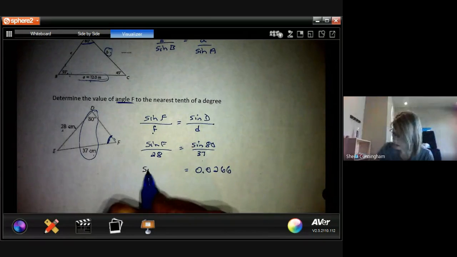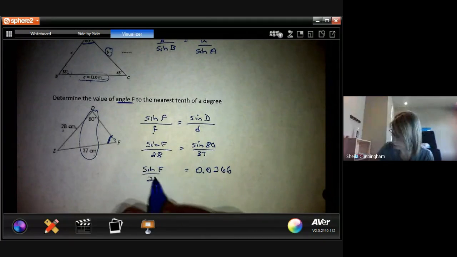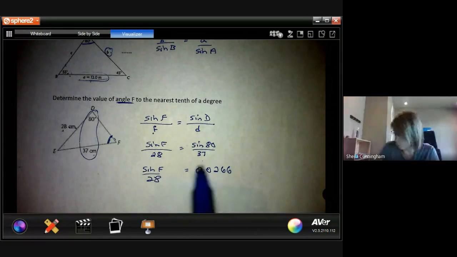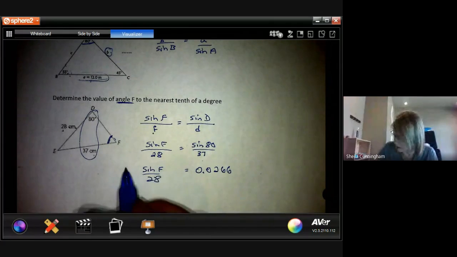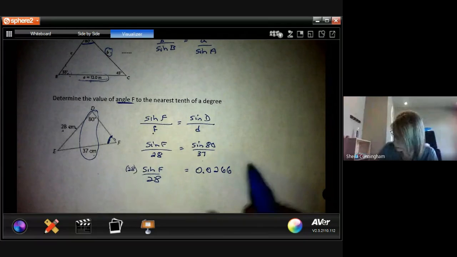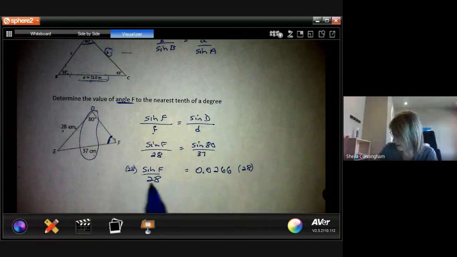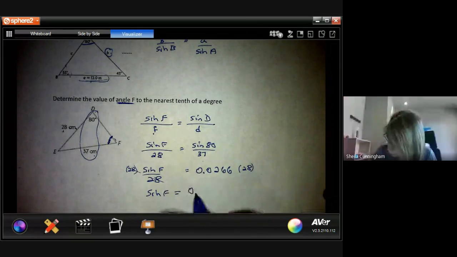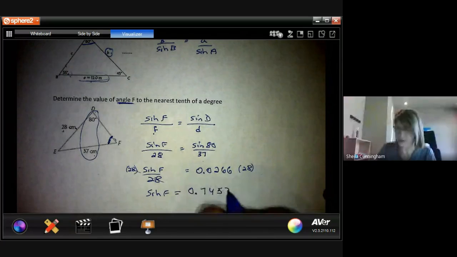So I could do that and still have sine of F is equal to 28. So I can work through this in a different process, right? So really that would mean that I'm going to take and multiply both sides by 28 to get rid of the 28 from underneath the sine of F, which would leave me with sine of F is equal to that times 28, which is going to give me 0.7453.